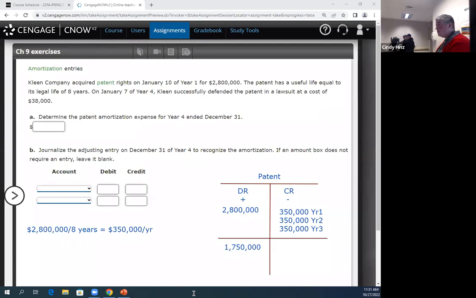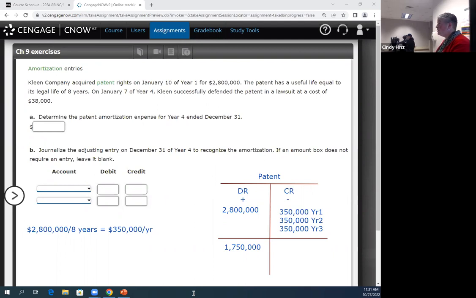If you aren't aware, patents are your legal right to some process, right? And so if someone is infringing on your patent, that means they are using your process that they don't have a right to use. It's intellectual property, that intangible asset.